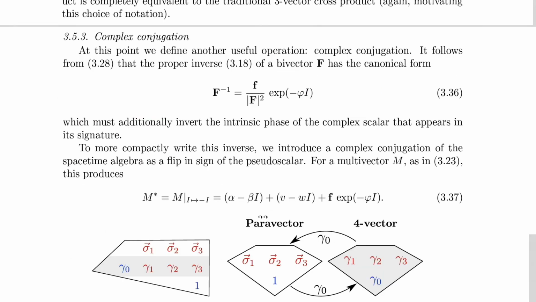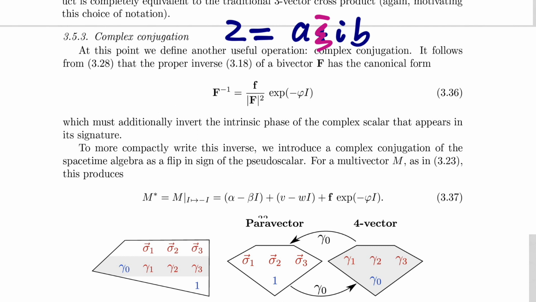All right, complex conjugation. So somehow we are going to take the analogy of a complex number that we are all familiar with, where z, a complex number z, is a plus ib, and we know that the i becomes a minus sign in regular complex conjugation. So clearly something like that is going to happen in our algebra.